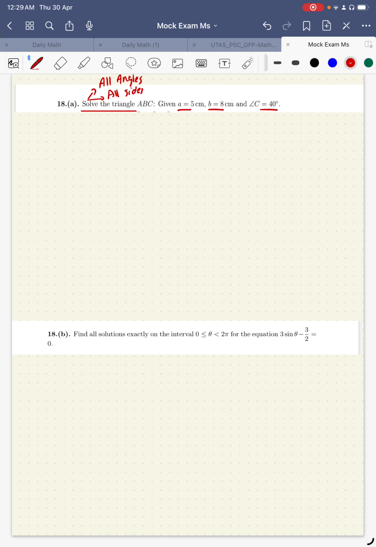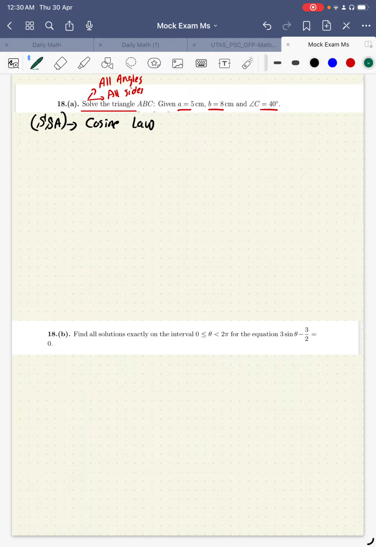However, in this case I cannot use it because I don't have any angle with its opposite side. So I'm going to use the cosine law, because I have SSA: side, side, angle. They gave me two sides and one angle.